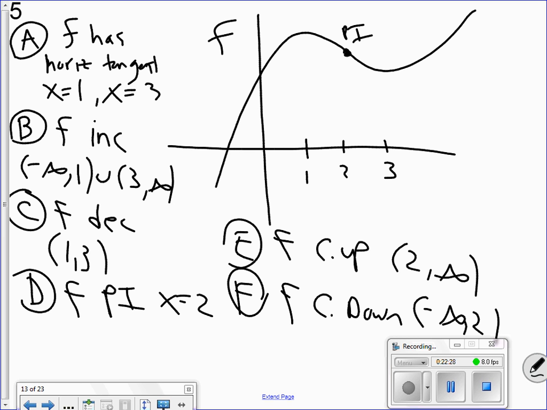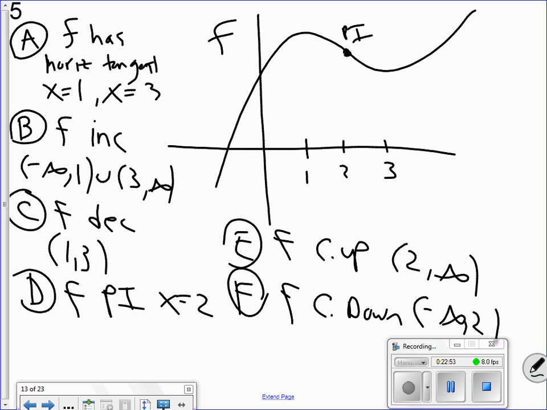But if I were you, what I would do on the test for these kinds of questions is make a note to me first of what you're looking for. Like for B, it says estimate where the first derivative is positive. Well, what does that mean about f? I'd like to see if you wrote f increasing.